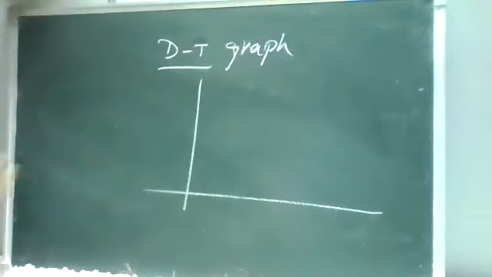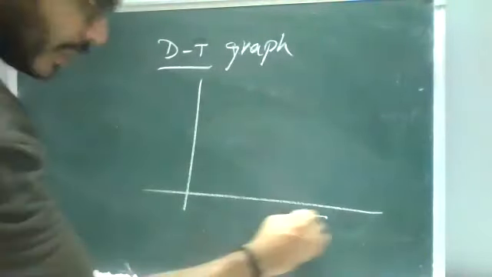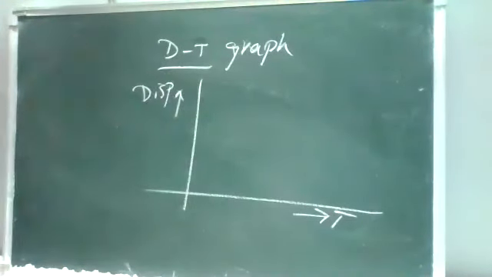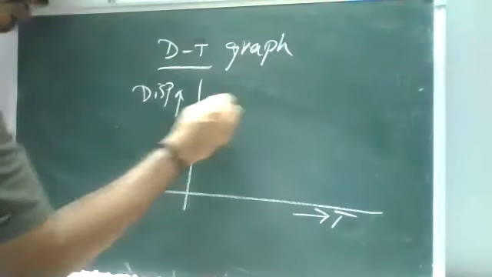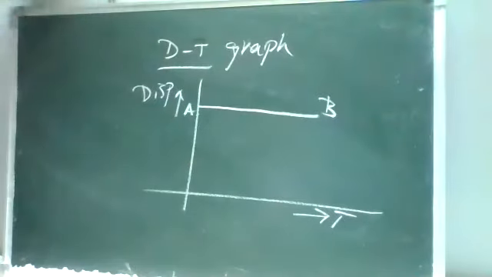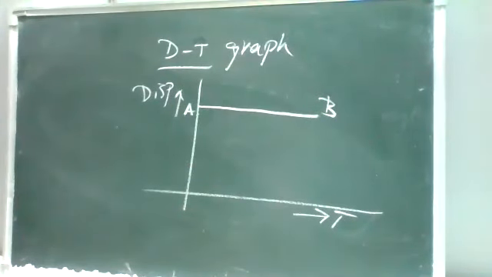If you see the graph, I'll take the x-axis as time and the y-axis as displacement. First point: if the graph is a straight line parallel to the time axis, I'm drawing it as points A, B. It means the body is at rest.